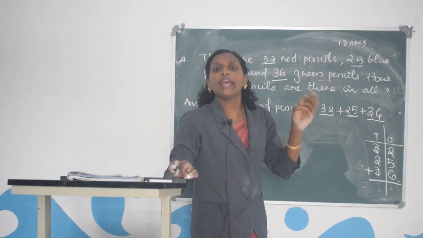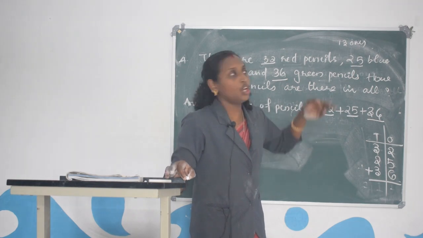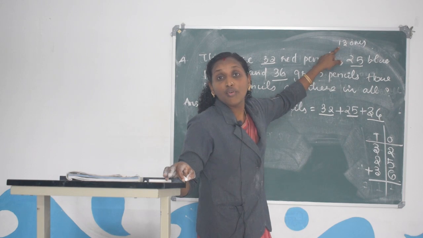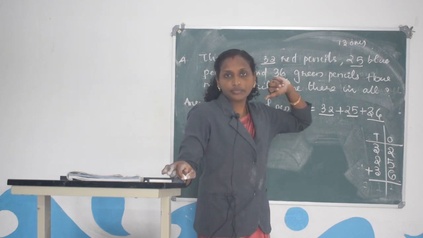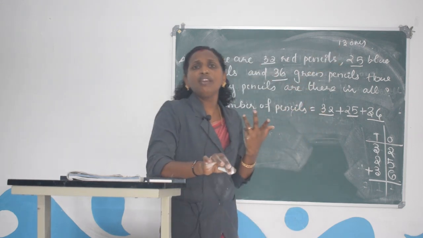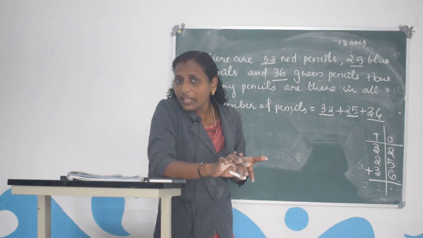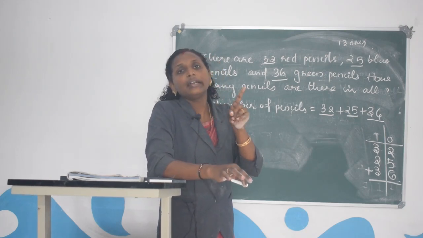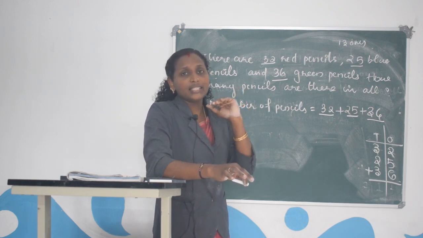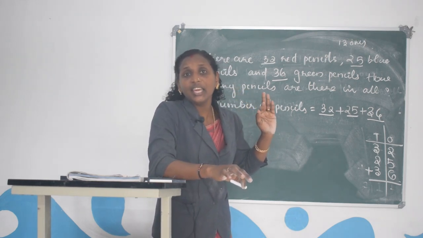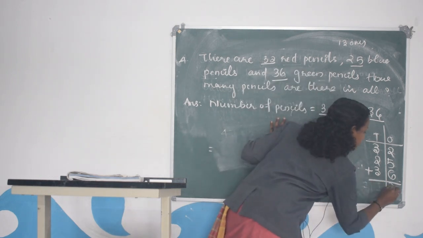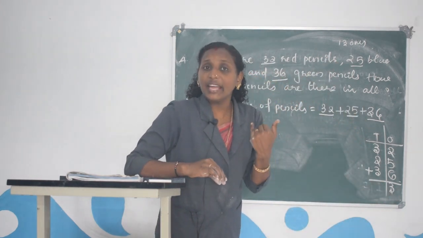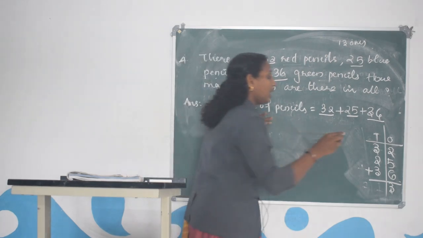That is 13 ones. 13 ones can be regrouped into 3 ones and 1 ten. Write 3 ones in the ones place. What about the 1 ten? The 1 ten is carried over to the tens place.